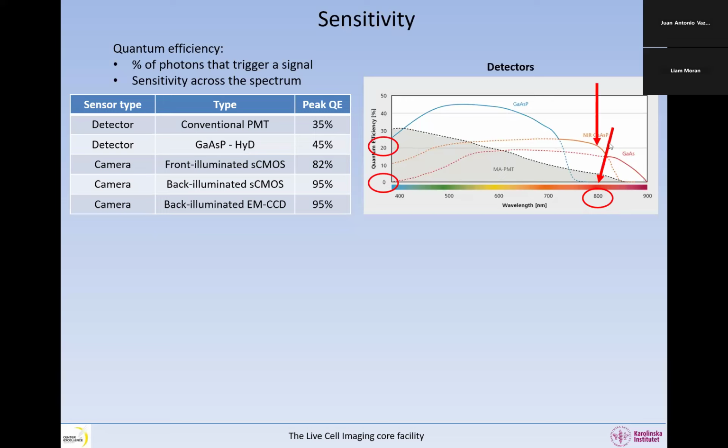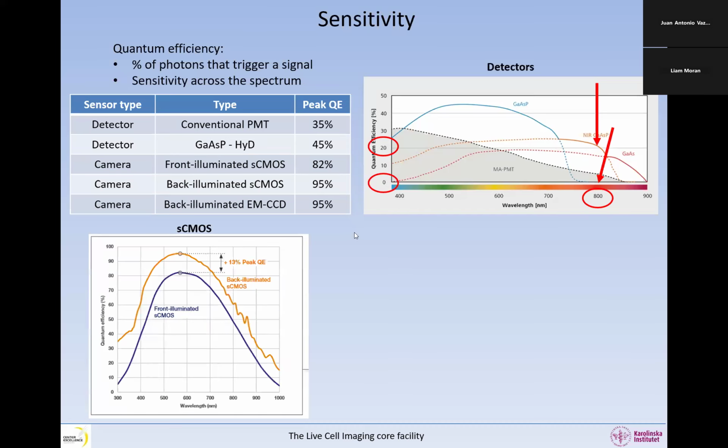But if we look at this specialized GaAsP NIR, so near infrared GaAsP, we can see that the peak quantum efficiency is like 20 something, and at this wavelength it's 20%, so it's better. It's still poor, but it's better.